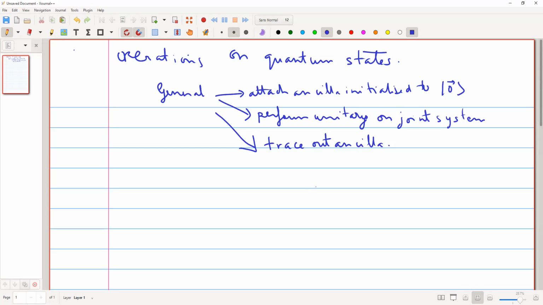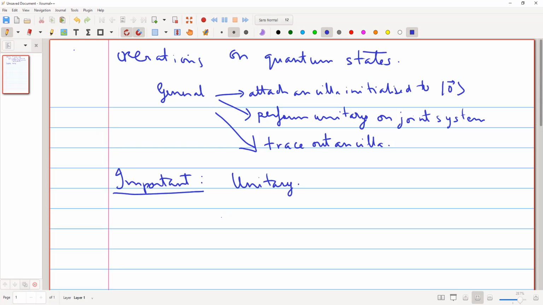So you can already see that an important operation is just unitary.